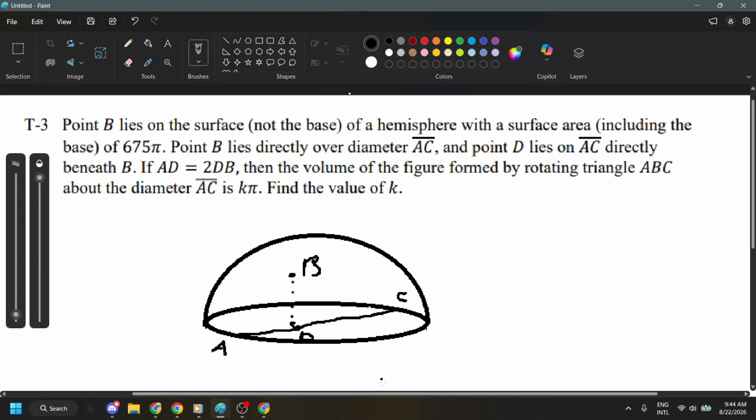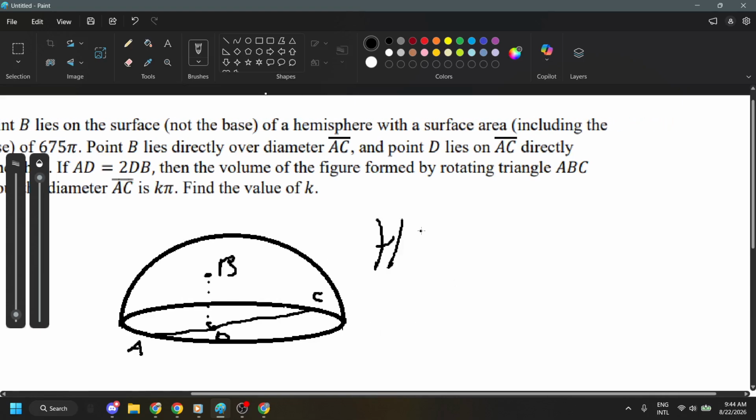The surface area of a hemisphere. I'll just draw it out. Hemisphere surface area is equal to the bottom, which is... shoot, I'm gonna look this up so I don't get it wrong. But I think of an entire sphere it's 4 pi r squared.